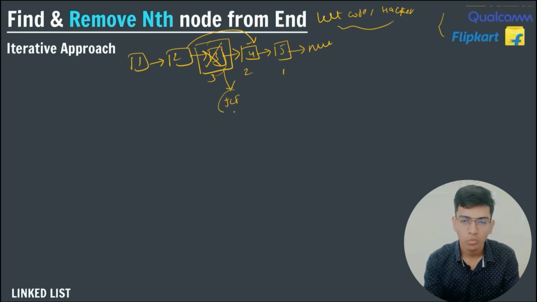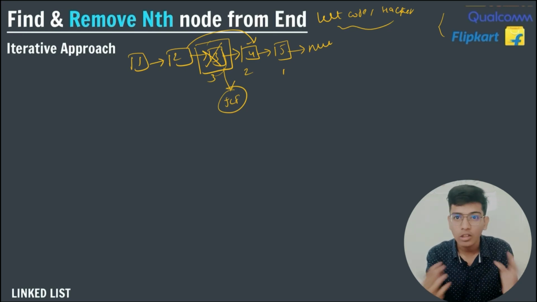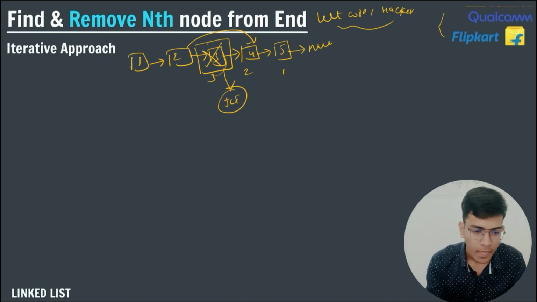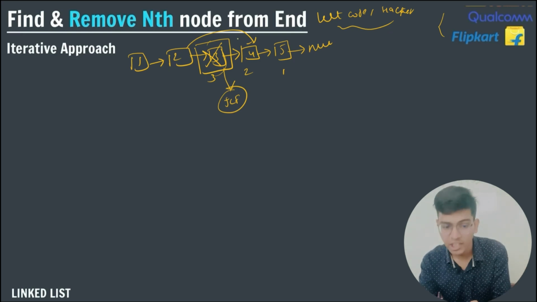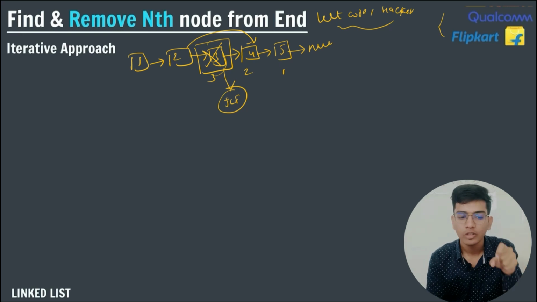We'll talk about what the Java collection framework is, and how we can implement arrays, linked lists, array lists, hash maps, hash sets, and all those things when we talk about the Java collection framework. For now, you have to understand that when I directly point my 2's next to 4, my 3 will get automatically deleted by my garbage collector. So this is how I'm going to delete my nth node from the end.